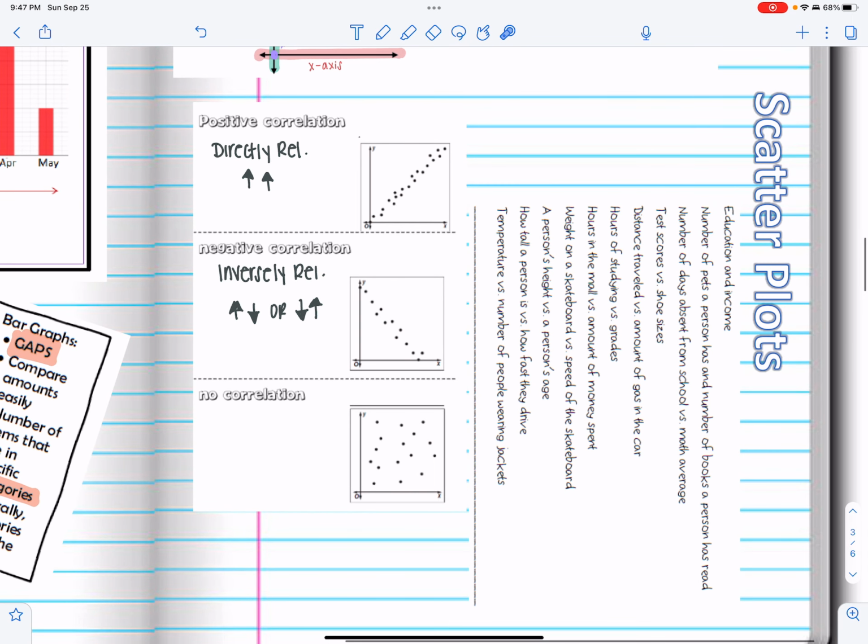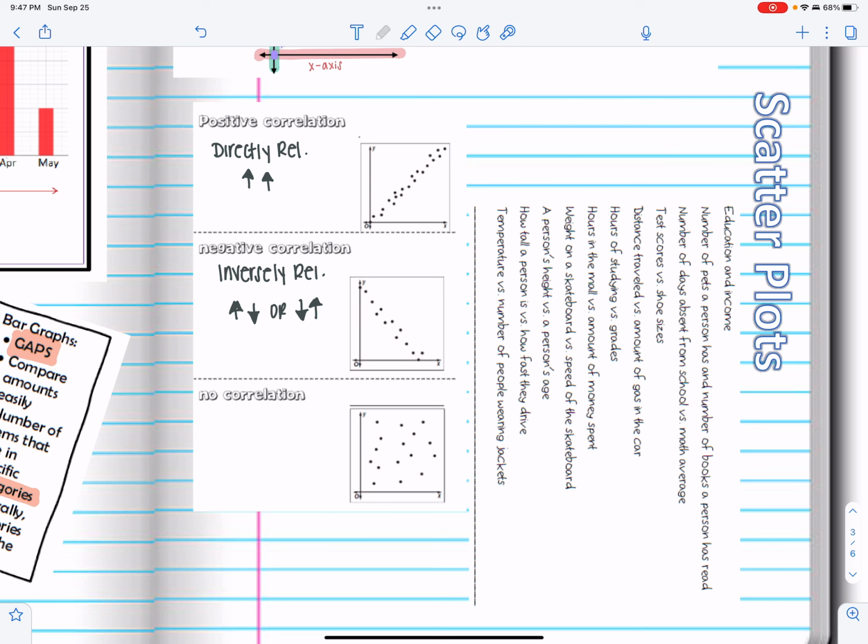We have a couple of different types of correlations, or relationships, as we called it previously. A positive correlation is another term for a direct relationship. What that means is as one increases, the other increases as well. Over here, we'll see some examples specifically of these. A direct relationship is going to have this graph.